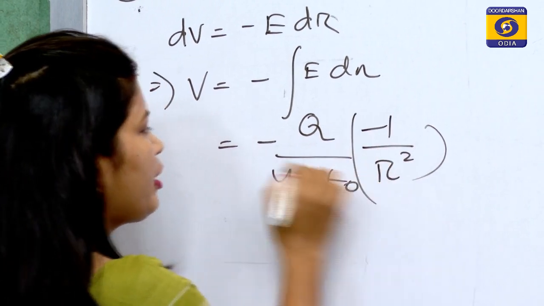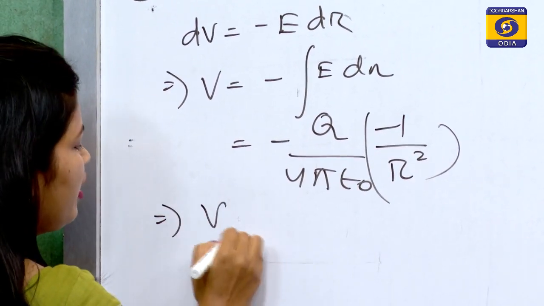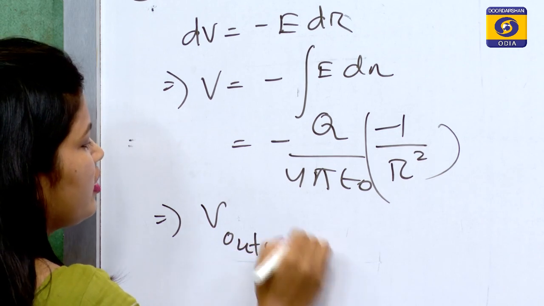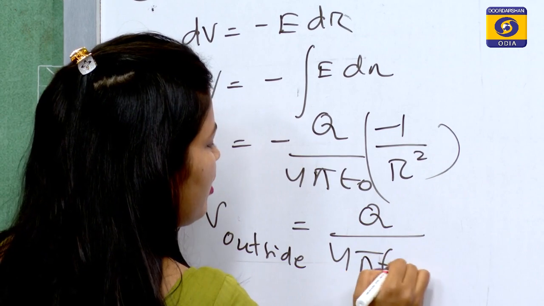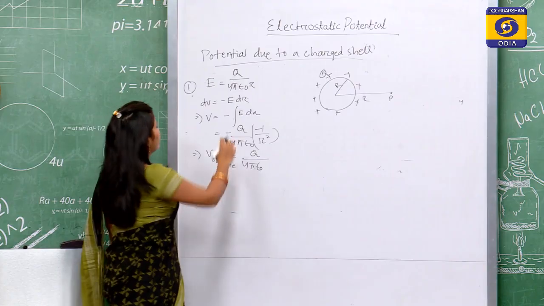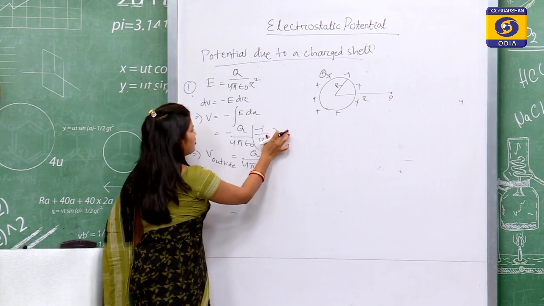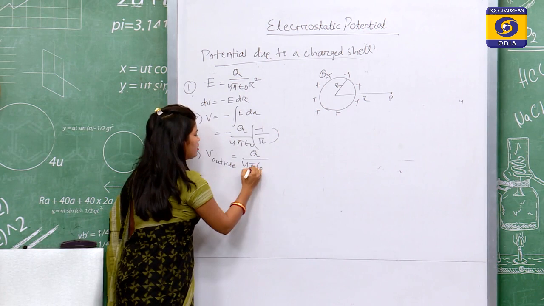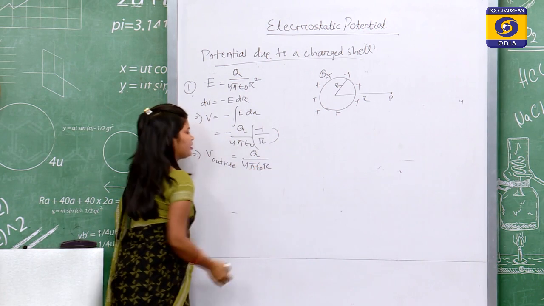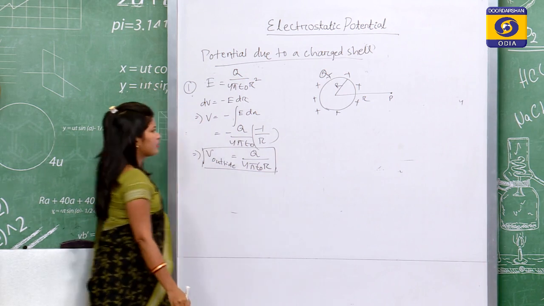Minus times minus is plus. So, we get V outside is equal to Q upon 4 pi epsilon naught r. This is the expression of potential outside.